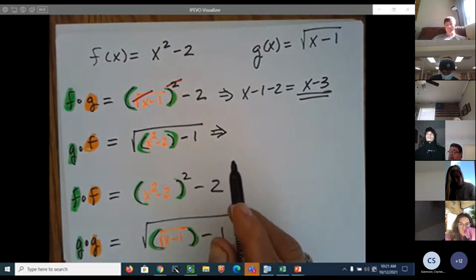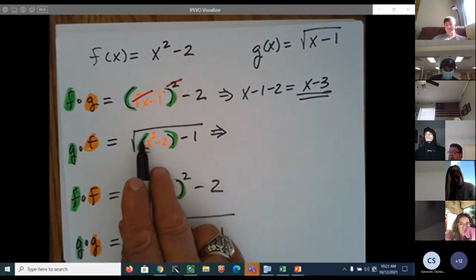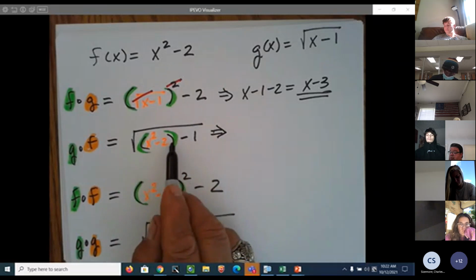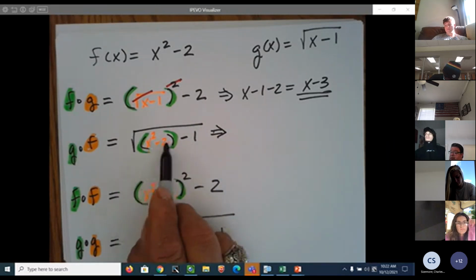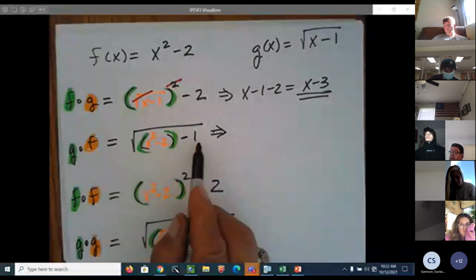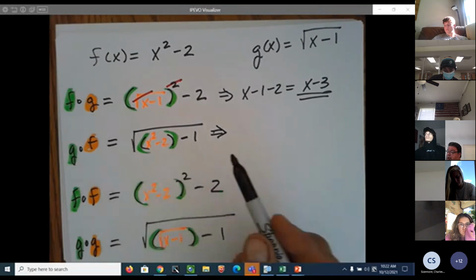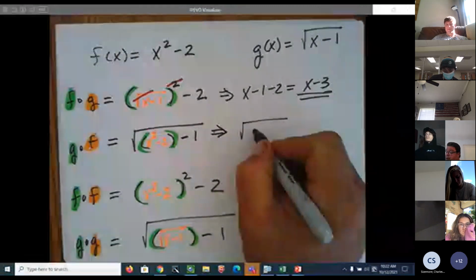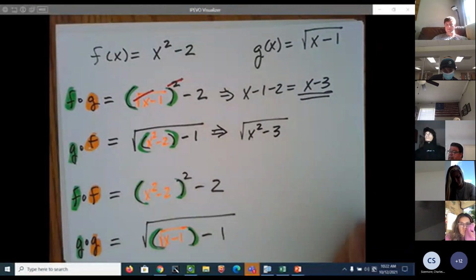This one you can't do that because there's too much going on down here. But you can do x squared minus 2 minus 1, which is the square root of x squared minus 3.